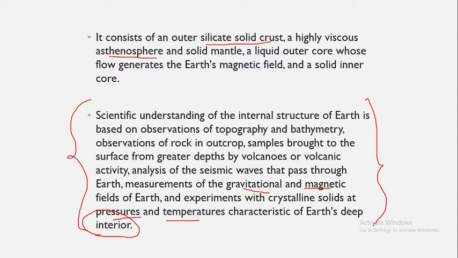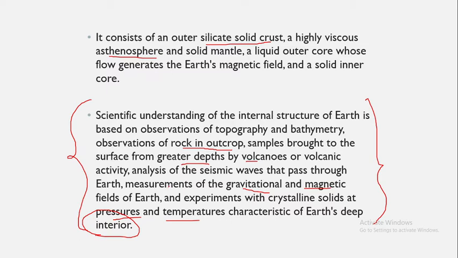Then we need to know what all the observations and experiments are. So once again, topography, bathymetry, then observation of rock outcrops, then various samples brought to the surface from greater depth. The samples are moved to the surface either because of volcanoes or some volcanic activities. Then analysis of the seismic waves that pass through the Earth, that is also important.